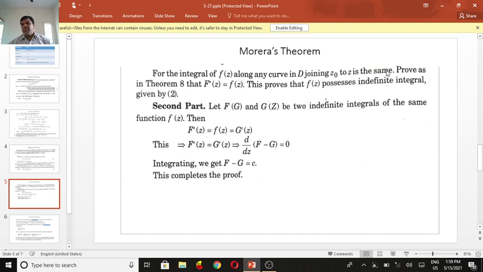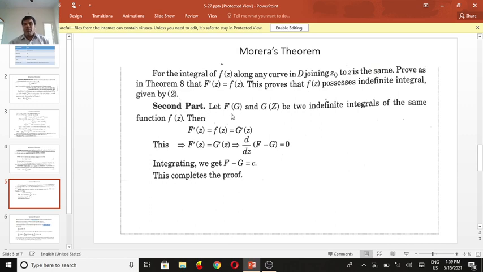As in the earlier theorem, the derivative of F of z equals f of z. This proves f of z possesses an indefinite integral given by this.